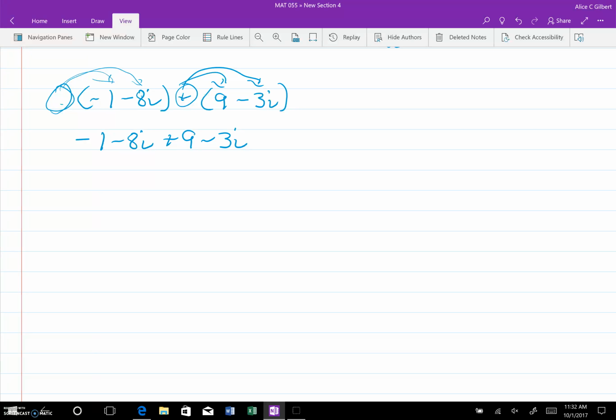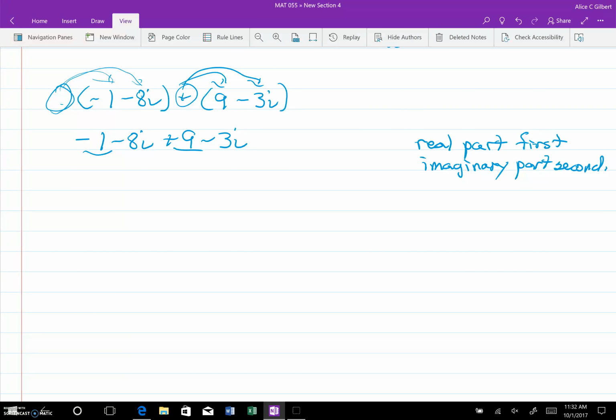Okay, now remember, I always write the real part first, and then the imaginary part second. So since I need to do that, let's start with the two like terms that are real.